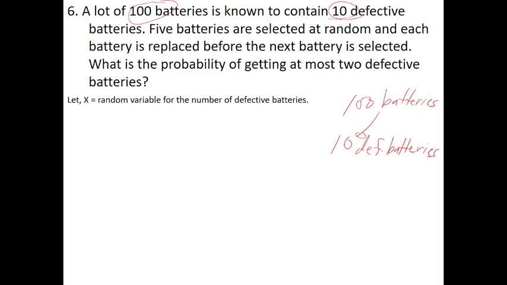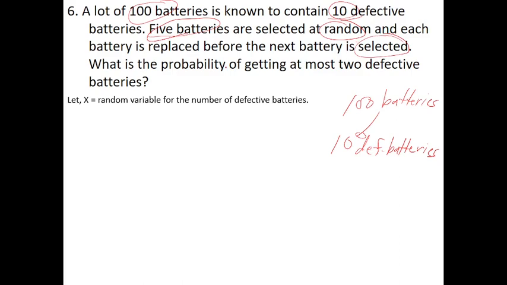Okay, is known to contain 10 defective batteries. So 5 batteries are selected at random and each battery is replaced before the next battery is selected. Okay? So there is replacement done, right?